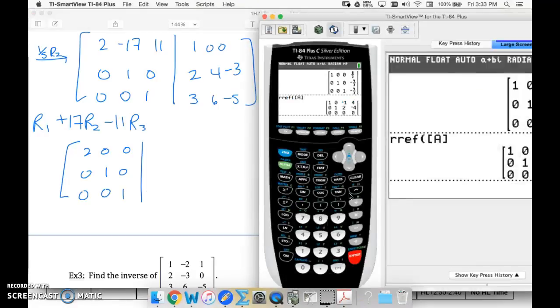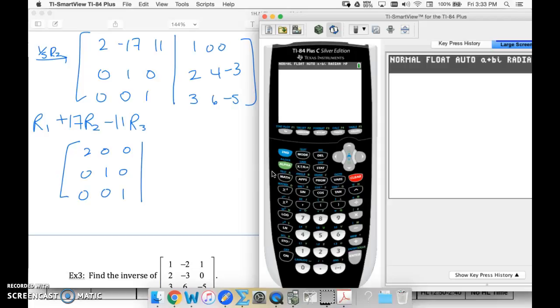So I'm going to open up my calculator. Let's clear this out. So now I'm going to take my row 1 plus 17 row 2 minus 11 row 3. So 1 plus 17 times 2 minus 11 times 3.